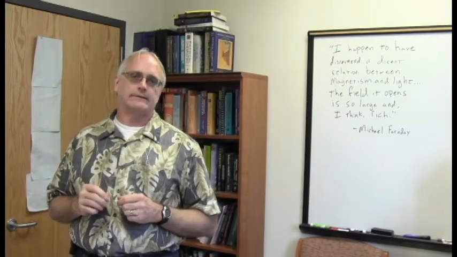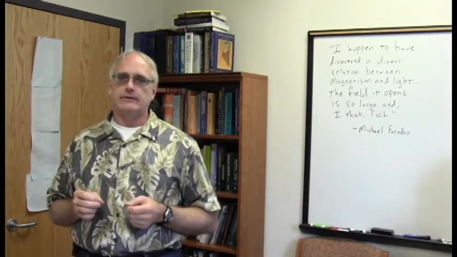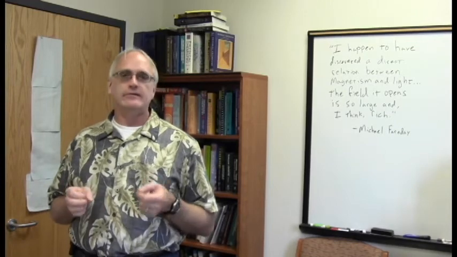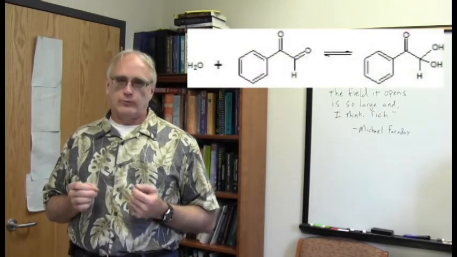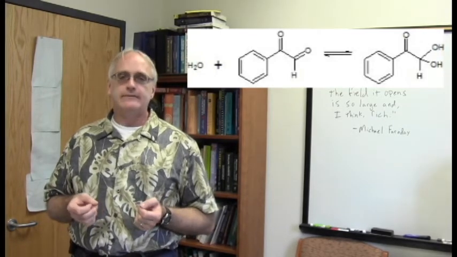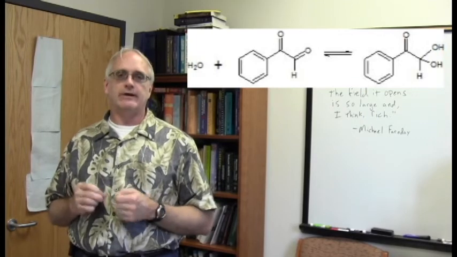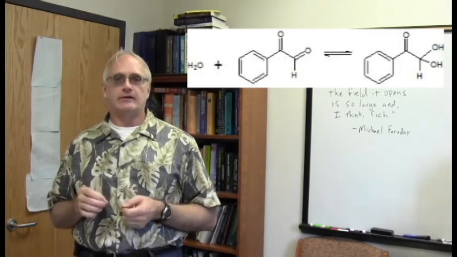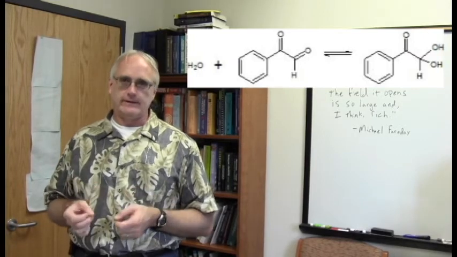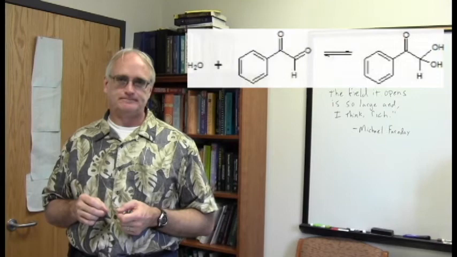So after thinking about it a little bit, we propose that what we are seeing in this material is actually this equilibrium reaction, where the phenylglyoxal reacts with water, we see a lot of it in there, and forms this hydrate, this hydrated version, where water is not just nearby, but has actually reacted with the phenylglyoxal and made this hydrated version.